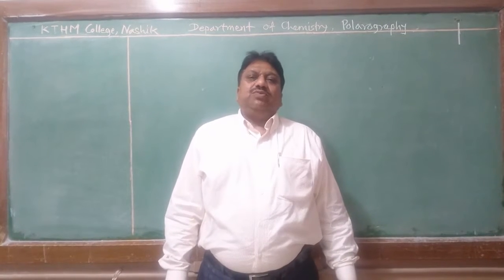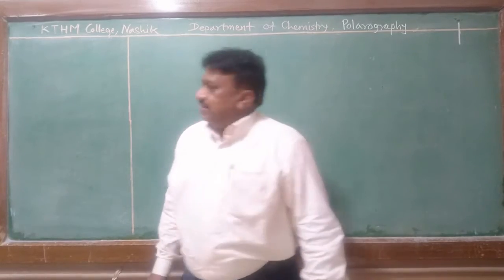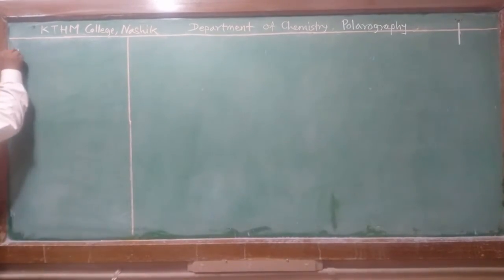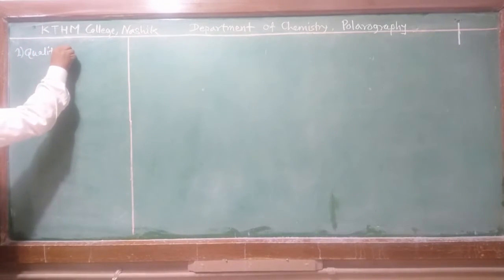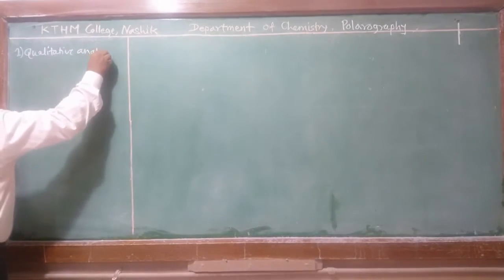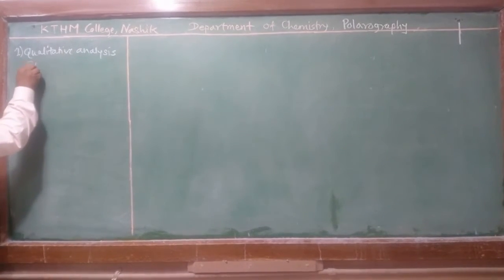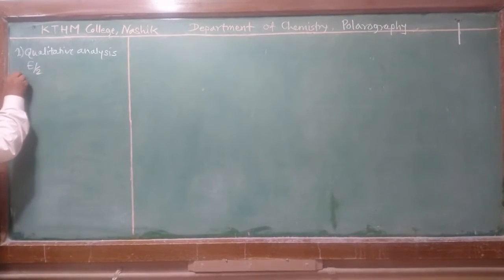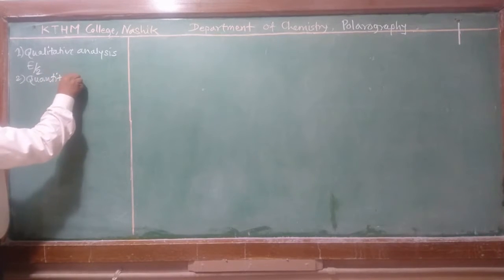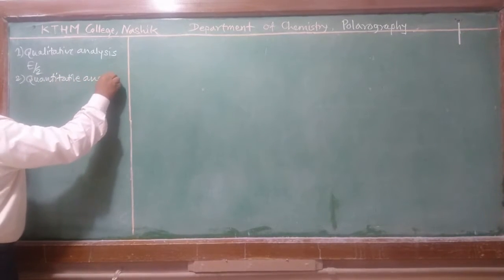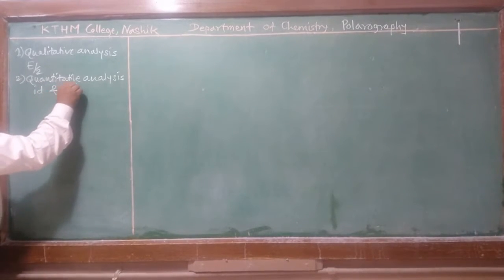Students, in the previous lecture we discussed some applications of polarography. Number one is qualitative analysis, that is, the identification of electroactive species by using half-wave potential. Second is quantitative analysis, by using diffusion current Id and the Ilkovic equation.